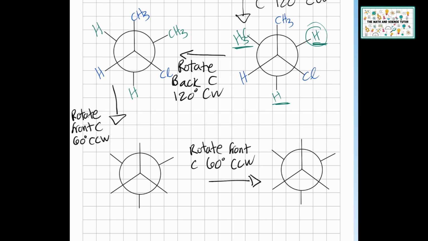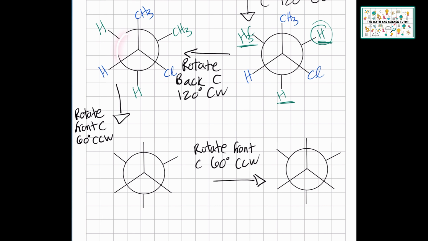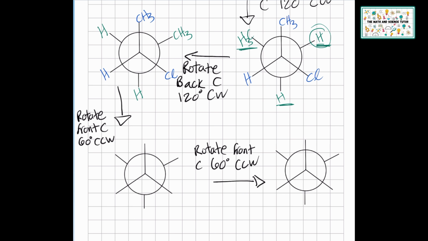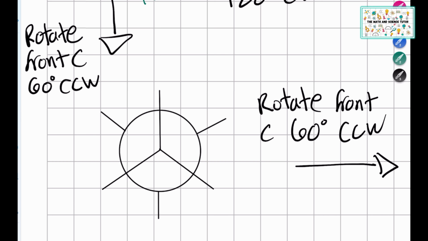Now you're being asked to rotate the front carbon 60 degrees counterclockwise. We are going this way. So from here, we're keeping these compounds on the back carbon the same, and we are only rotating the front carbon. However, since we're rotating the carbon 60 degrees counterclockwise, this is not going to stay the same.